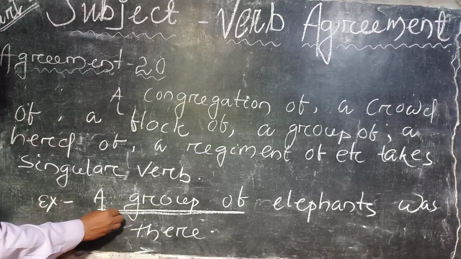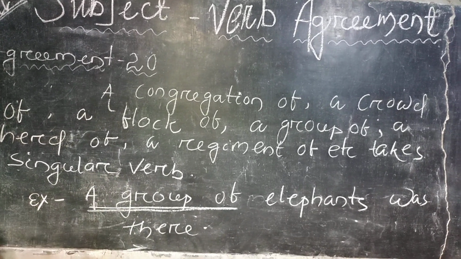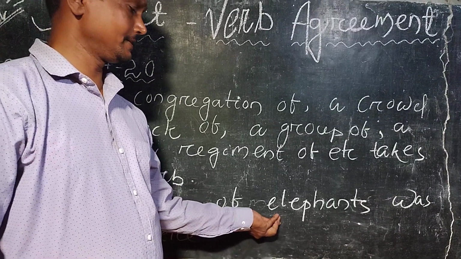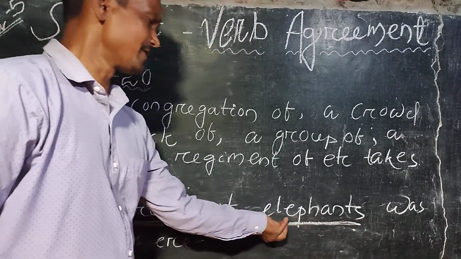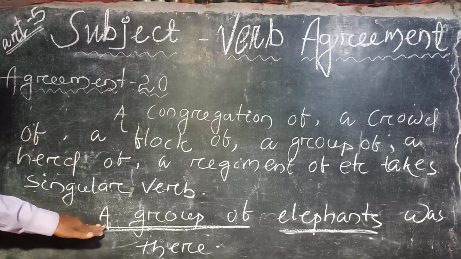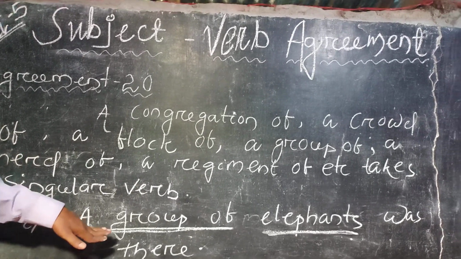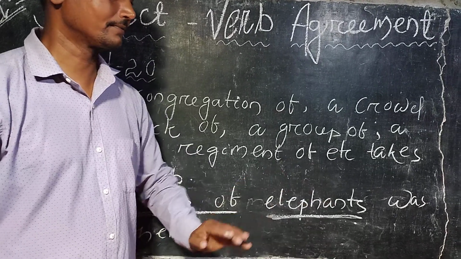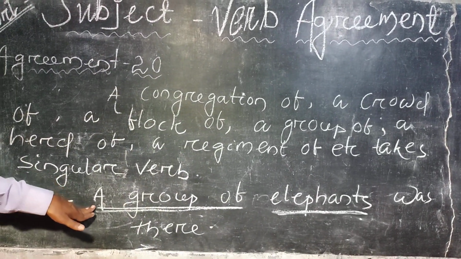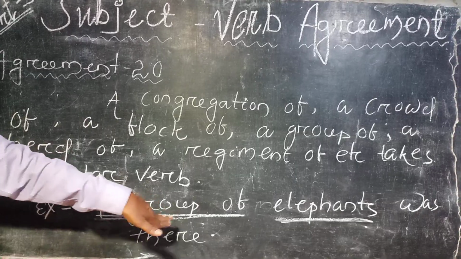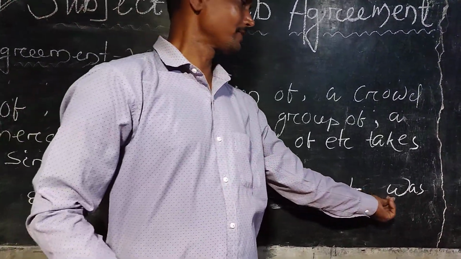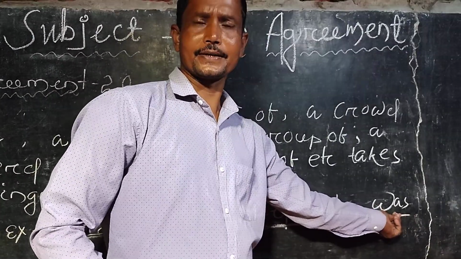Here the sentence begins with the phrase "a group of," and the noun after it is "elephants," a plural countable noun. But as the sentence begins with "a group of," we have to supply the singular verb "was." Clear or not?